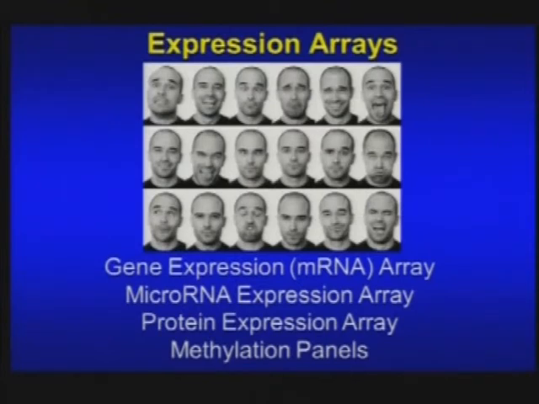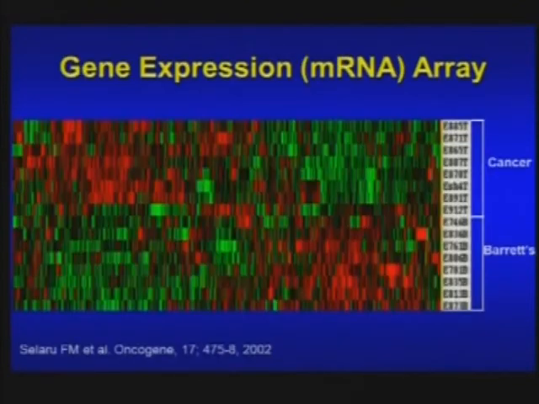And the ones that have been shown in Barrett's to have some utility are gene expression or mRNA arrays, microRNA expression arrays, protein expression arrays, and methylation panels. So let's first look here at this mRNA expression array, and they're all going to function the same way. The genes on the array may differ from study to study, but the technique and what they're looking for is not going to change from study to study.